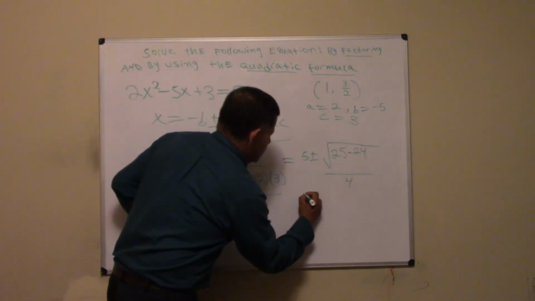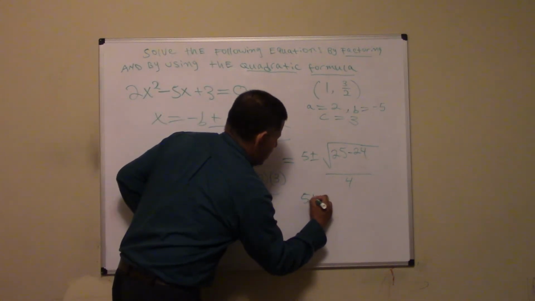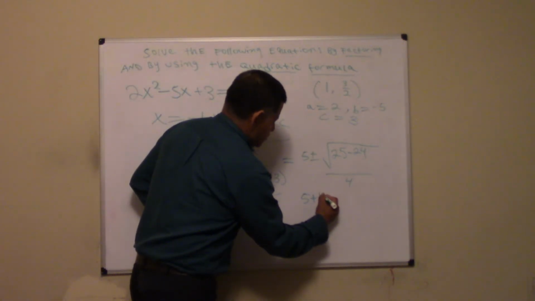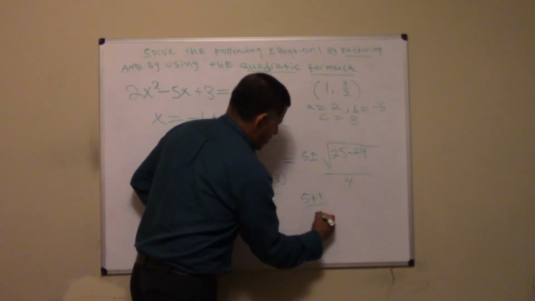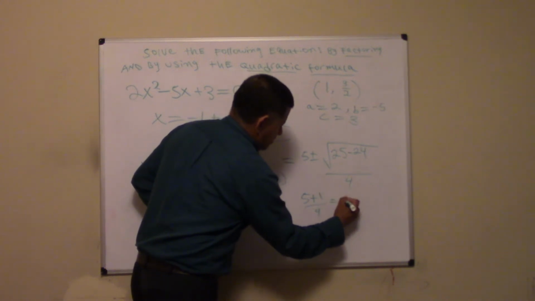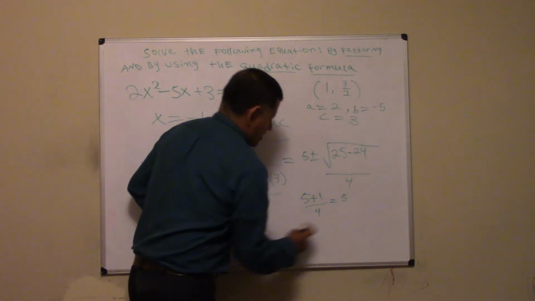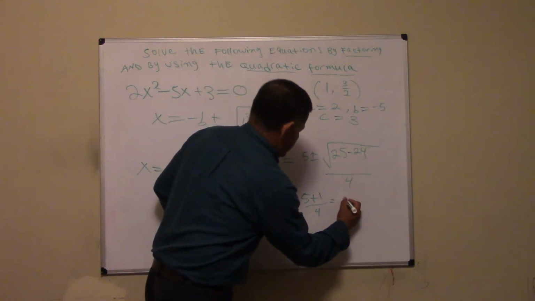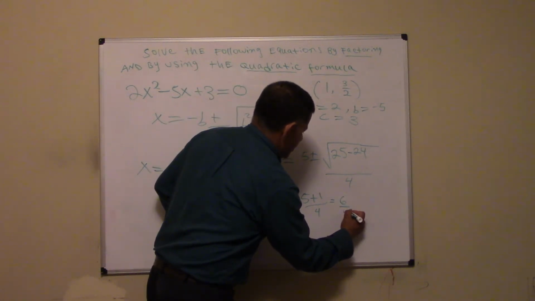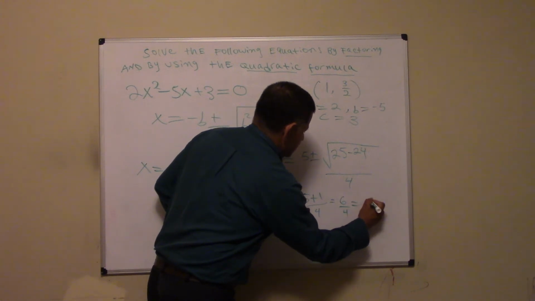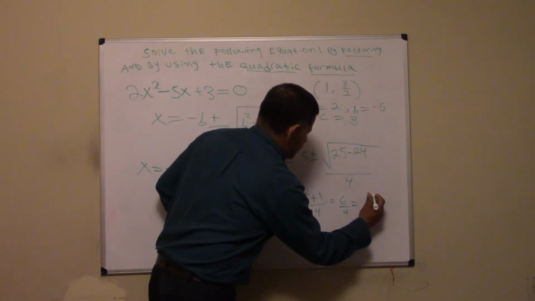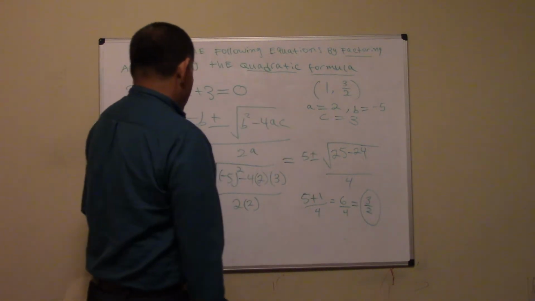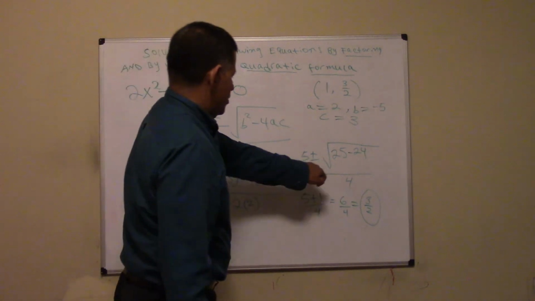So if I go with a plus sign first, it is equal to 5 plus 1 over 4, which is 6 over 4, which is equal to 3/2, right? That is if I use the plus.